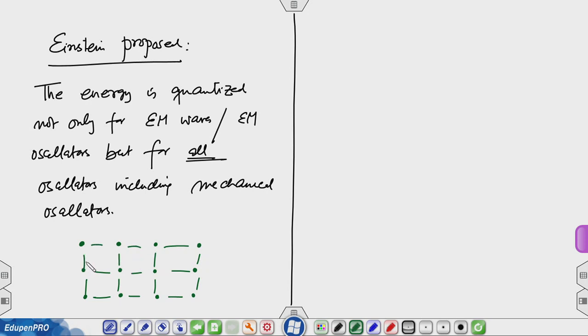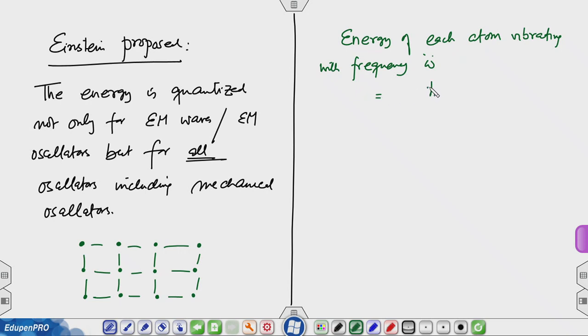I can write that energy of each atom vibrating with frequency omega is going to be equal to h cross omega over e raised to h cross omega over k B T minus 1.